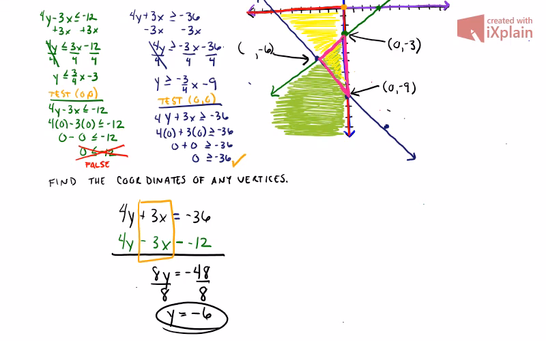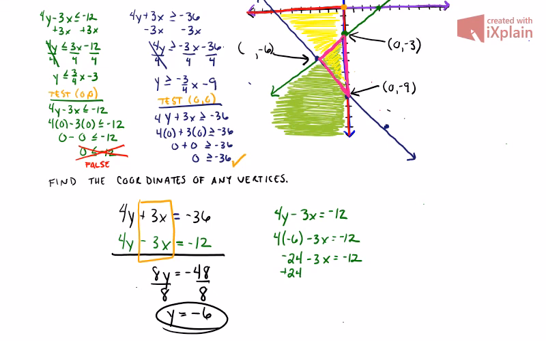Now what we can go ahead and do is plug that -6 into either one of our original equations. So I'm just going to opt to work with the 4y minus 3x is equal to -12. So we'll go ahead and put that -6 in. -6 times 4 is going to give you -24.